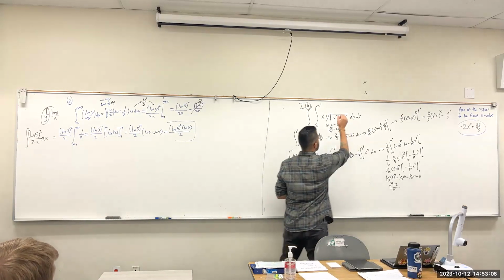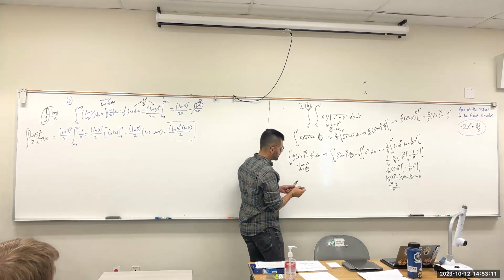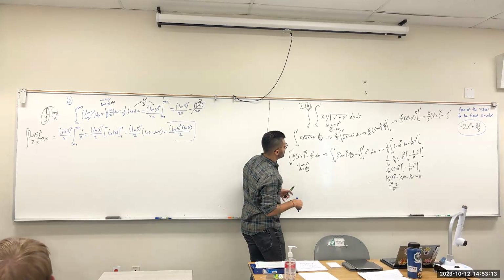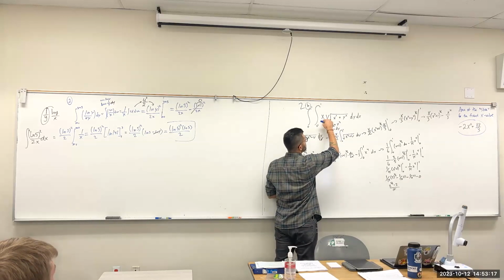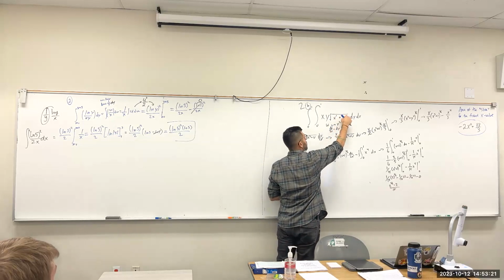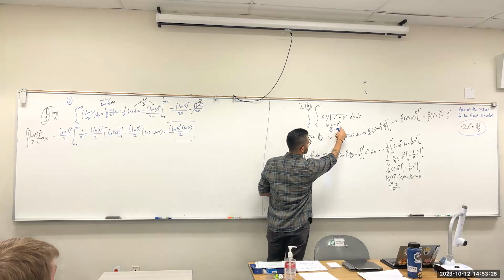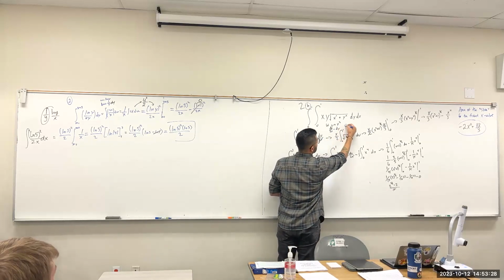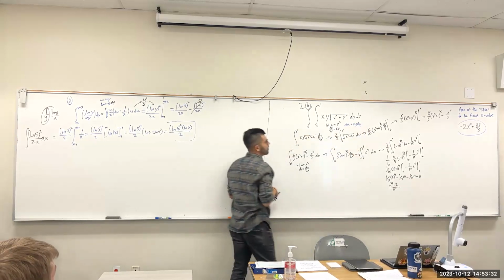But in this case, you want to do u sub here. Notice that x here is just a constant. If you let u be the y squared, you take the derivative and your du is 2y dy. So he divided it by the 2y there.